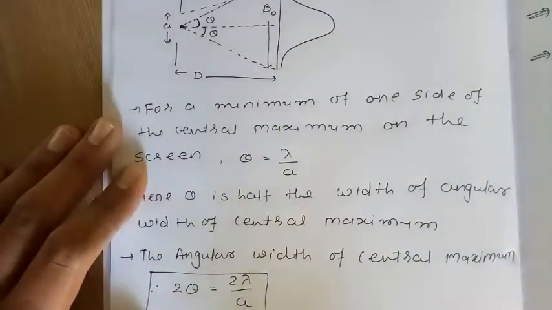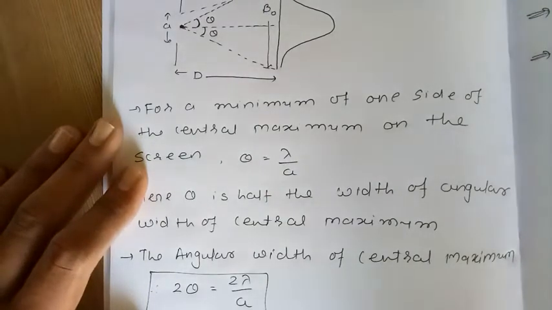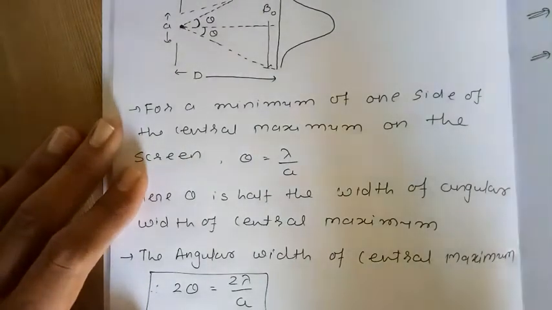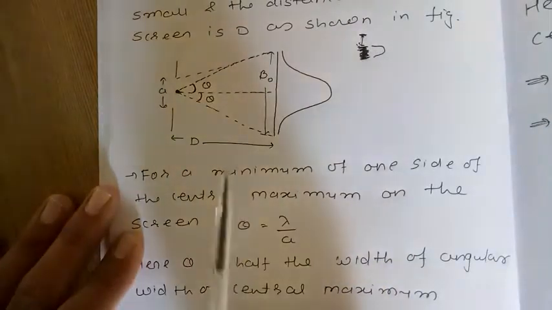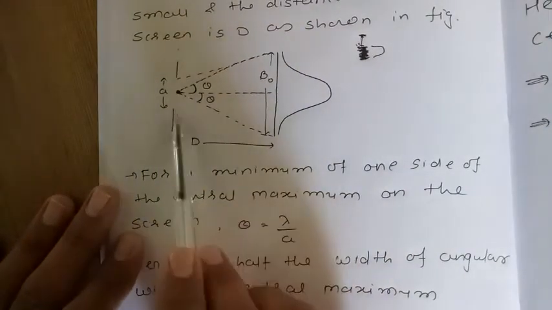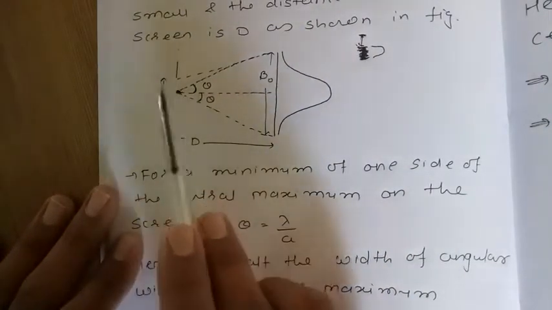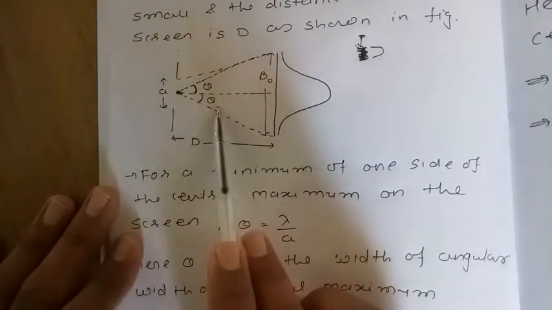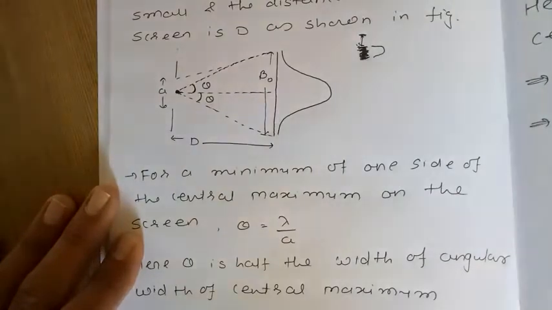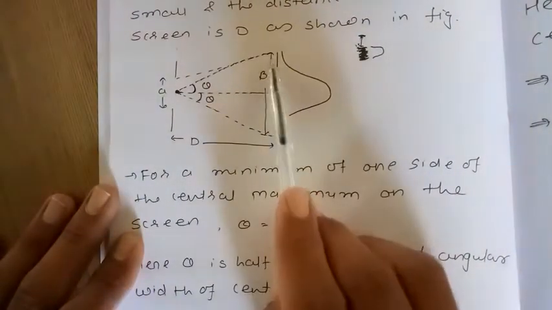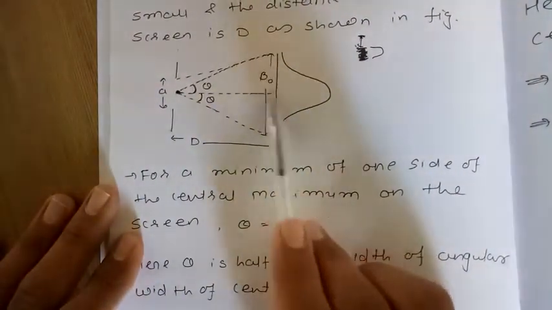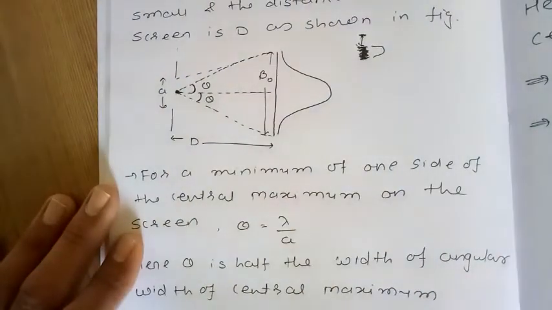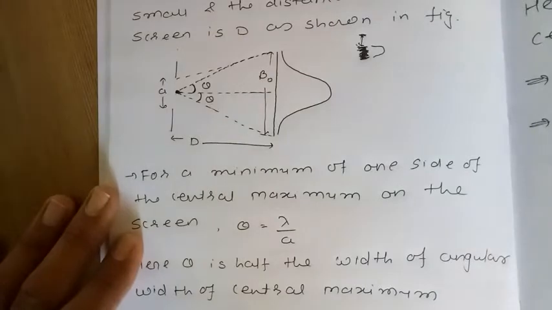The distance between the slit and the screen is capital D. In this figure the width of the slit is small a. This angle theta plus theta, 2 theta, is known as the angular width. This beta 0 is known as the linear width of the central maximum.